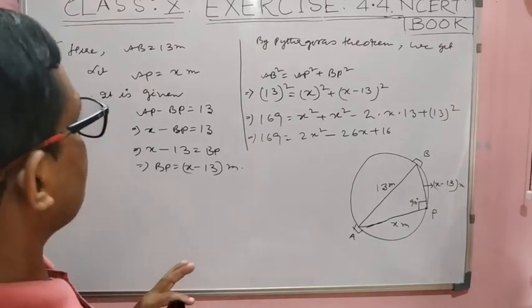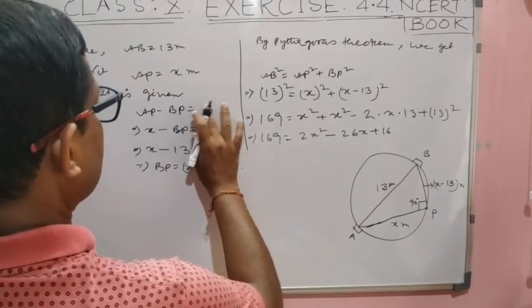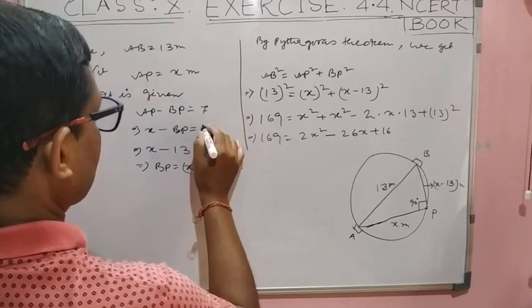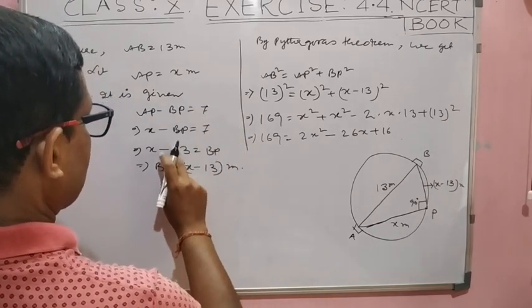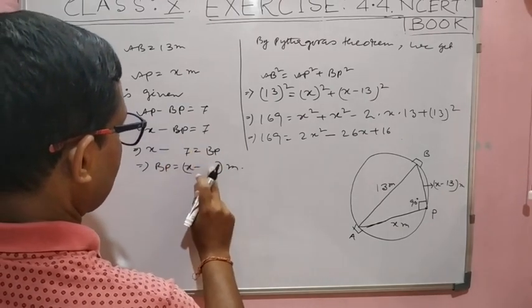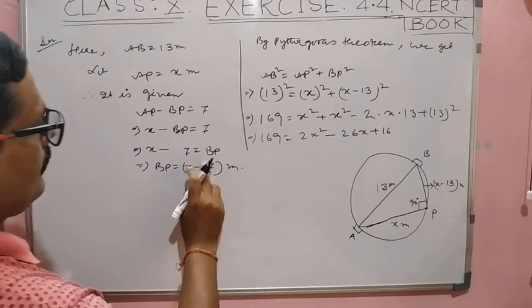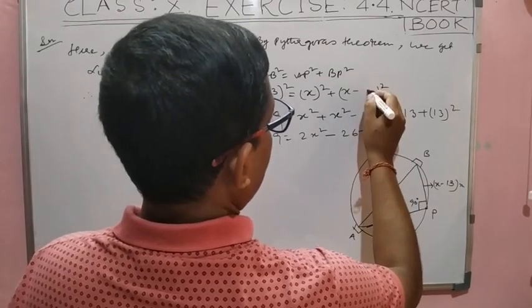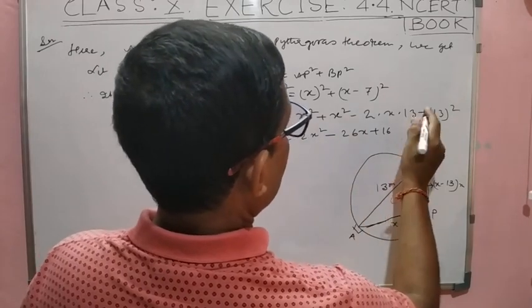One mistake I have done. Actually this is 7, you should write 7 here, not 13. It is 7, so we have to make a little correction.